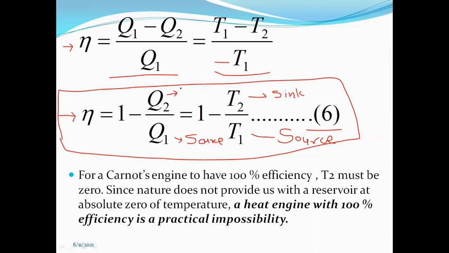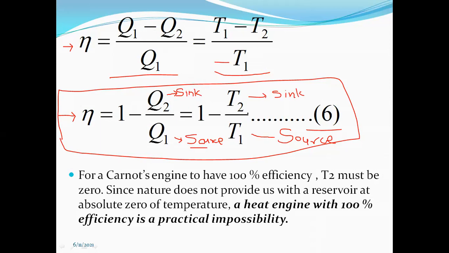So basically we got the relationship of energy and temperature between the source and sink, and this relationship between source and sink is responsible for work done on the substance and by the substance.